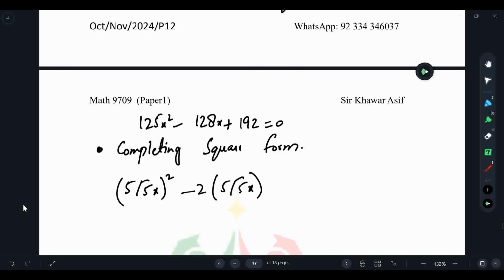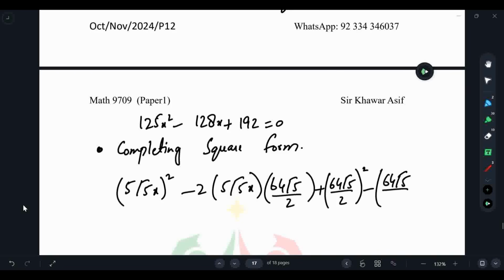How can we write 192 in completing square form? This will be 64 square root of 5 divided by 2. So we need 64 square root of 5 divided by 2 whole square. So we have to subtract it like this: 64 square root of 5 divided by 2 whole square, and then plus 192.